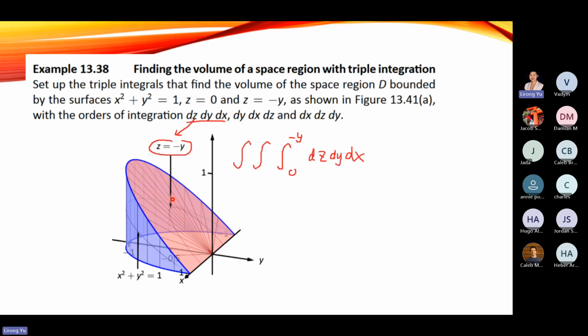It's a plane at the top. This looks like a piece of watermelon. So this is the top plane, and there's a bottom plane. The top plane is z equal to negative y. The bottom plane is z equal to 0, the xy plane. So I put down 0 for z equal to 0 and negative y for z equal to negative y.